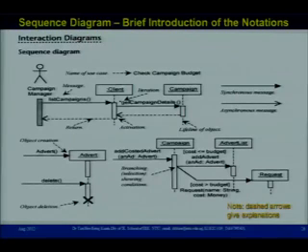And the time ordering will be represented by the vertical axis. This is a vertical axis representing time ordering. So this is the earliest. That means this message is sent.